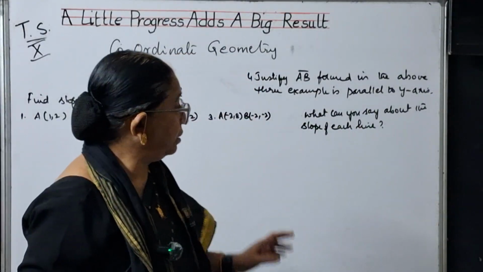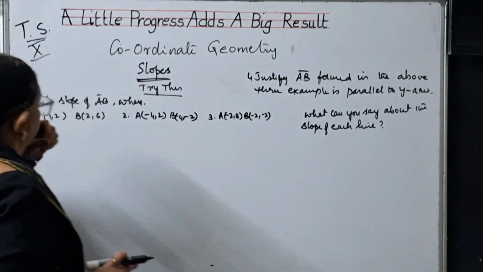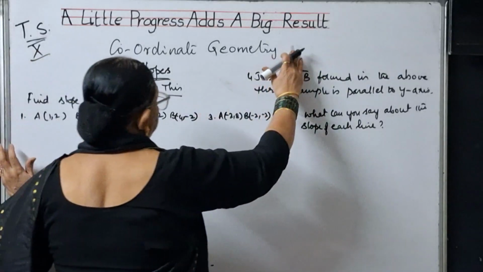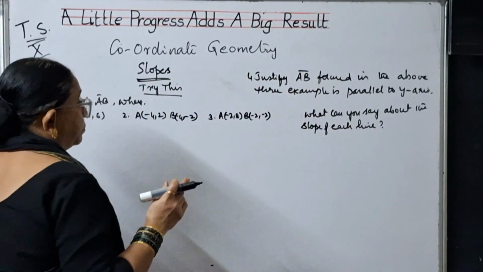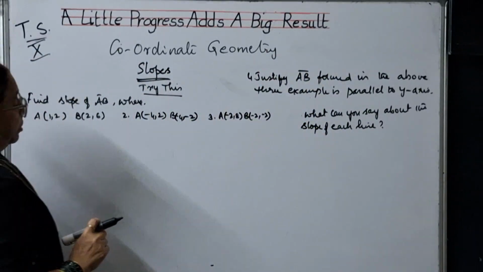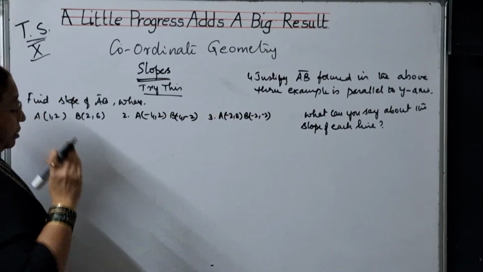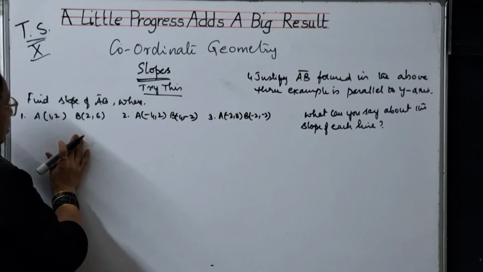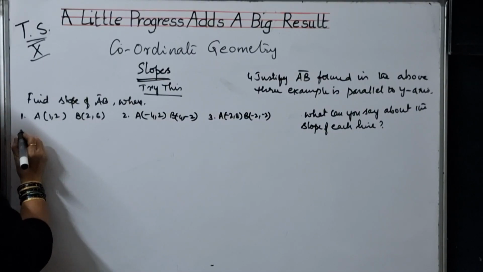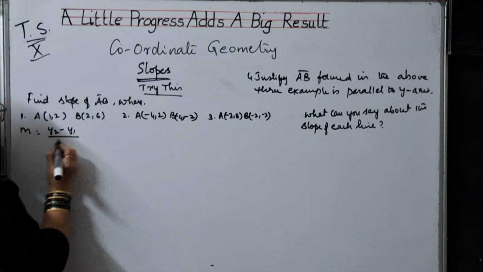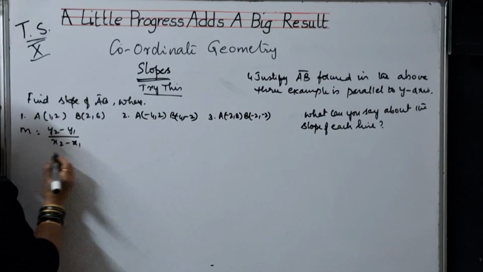Now try these sums, children. I am doing these sums because it is very important to get a formula, and that formula is very much needed for you when you are doing your objective type. So let me do even this. So here slope M is equal to y2 minus y1 by x2 minus x1.